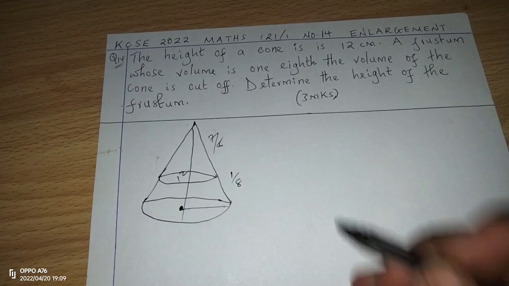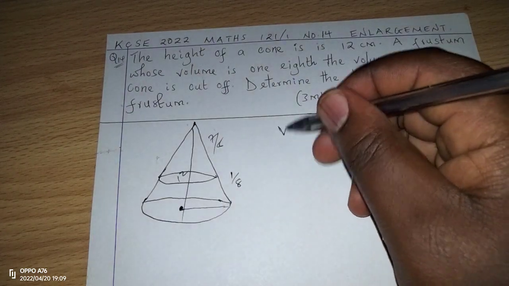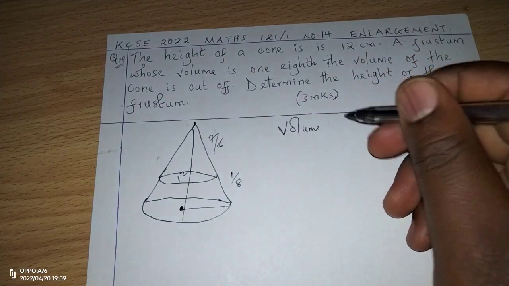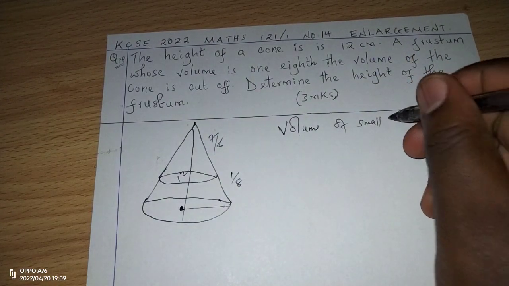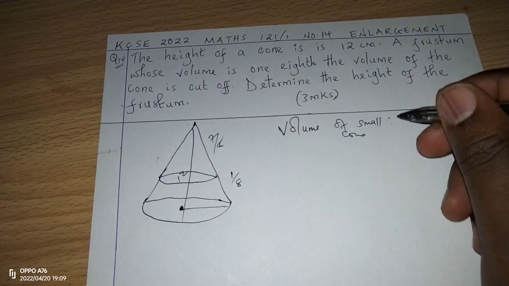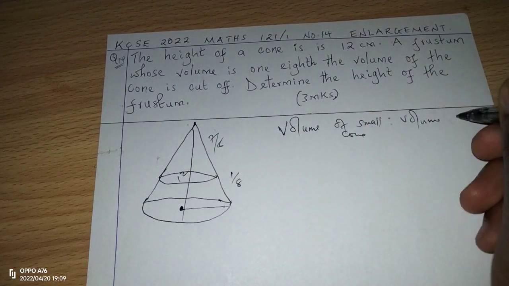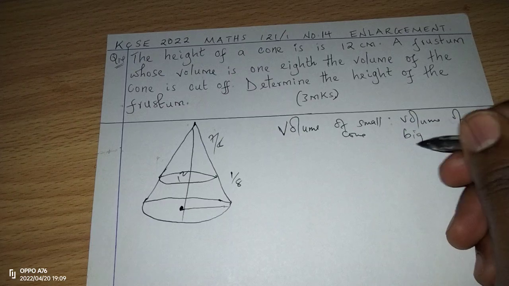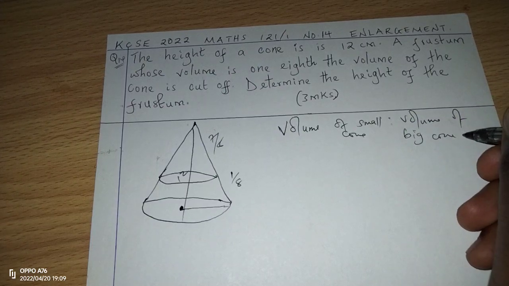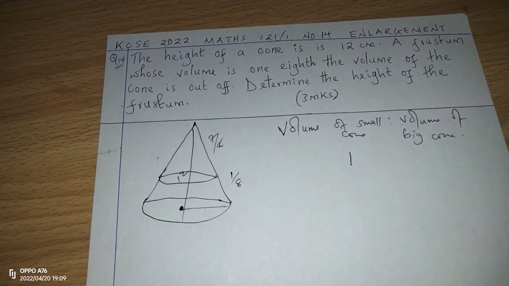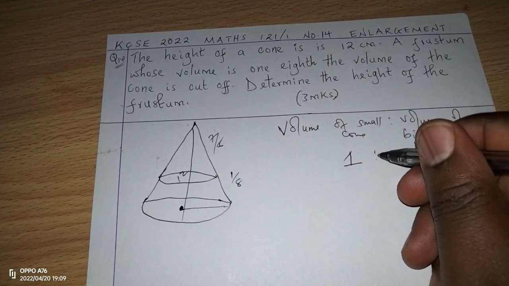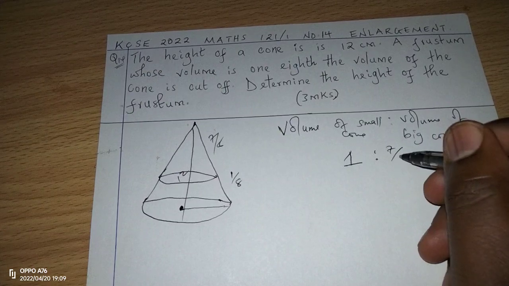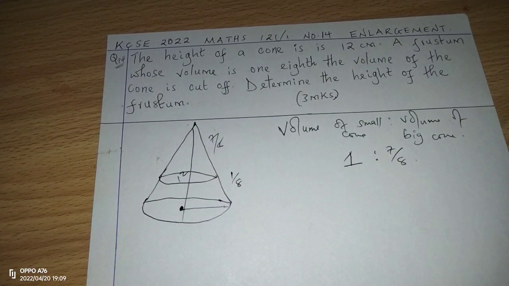Therefore, we can say that the volume of the small cone to the volume of the bigger cone is going to be, if we give a ratio of 1 to the complete cone, then this other one is having a fraction of 7 out of 8 of the original volume.